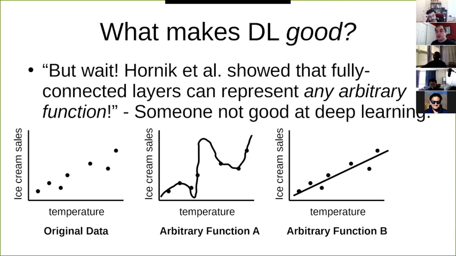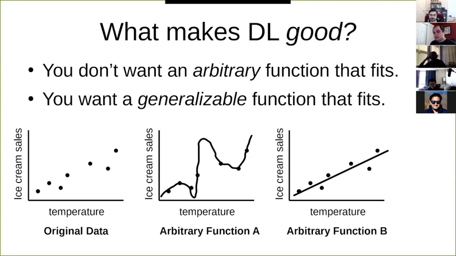Even though arbitrary function B has some higher error, we intuitively know it's the better function. We expect this to have a linear relationship, not look like some crazy curve like arbitrary function A. The moral of the story is we don't want an arbitrary function that fits our data. What we want is a generalizable function that fits our data.